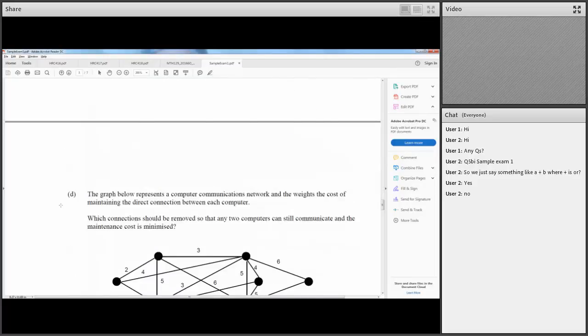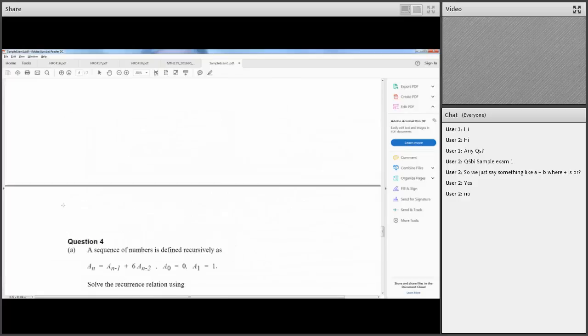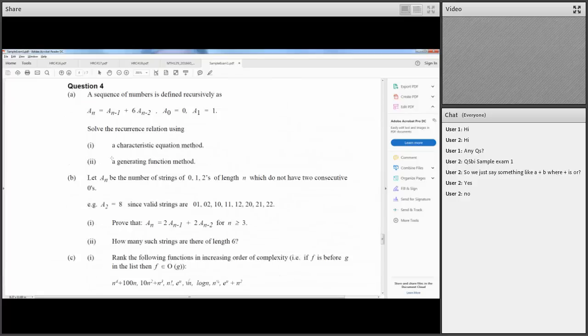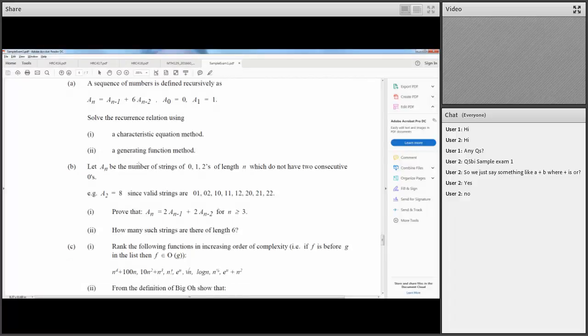So I'm trying to think what things like in your exam, question 4A, I would just say solve the recurrence relationship by a method you choose. I wouldn't force you to do it one way or the other. I certainly wouldn't force you to do it twice in your exam. So you can pick either or.